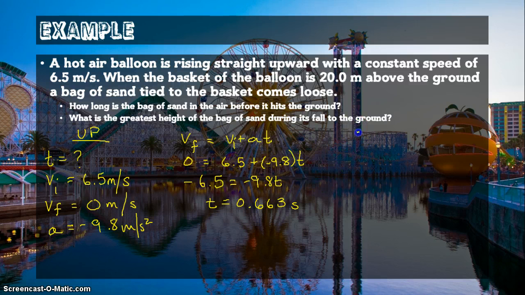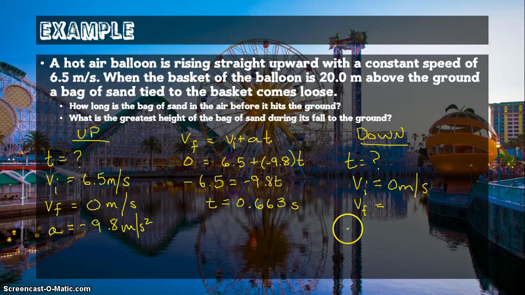To find the time it takes to go down, we're probably going to need more pieces of information. We know the initial velocity going down is 0 meters per second. We don't know the final velocity it's going to reach because now it has to go down further than when it was launched.